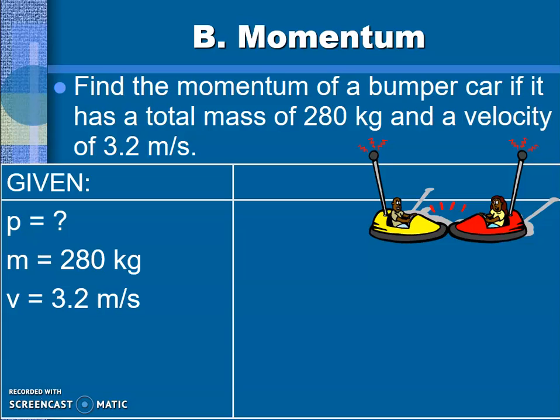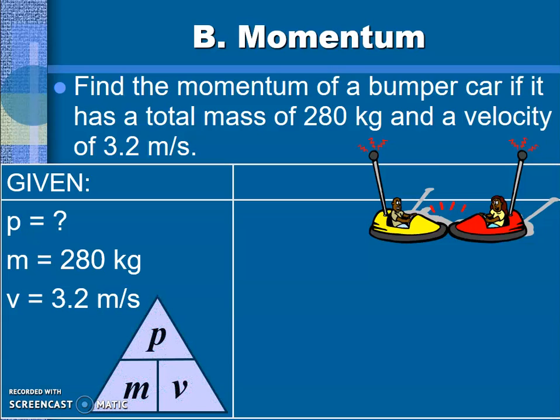So let's look. I have a P, an M, and a V. What kind of equation do I have on my equation sheet with a P, an M, and a V? I see that that's my momentum equation. So here's my triangle. My P is my unknown, so my triangle tells me that if I cover that up, I have to do M times V. So there's my equation.